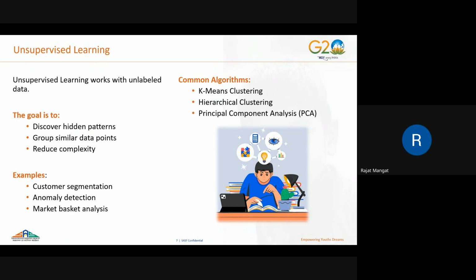So no labels are given. You were only given a classroom full of students, but you were not told this is a boy, this is a girl, or this is the interest of this student. But we will create our own labels there. You discover groups by observing the patterns.